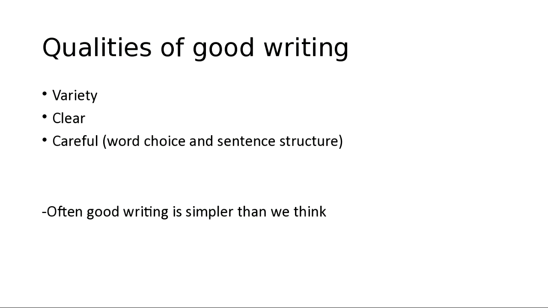Another quality of good writing, I think, is that good writing is clear. This is a surprisingly difficult thing to do, especially if you're new to writing or not as confident with your writing skills. Writing for clarity, on one hand, you need to have the technical ability.